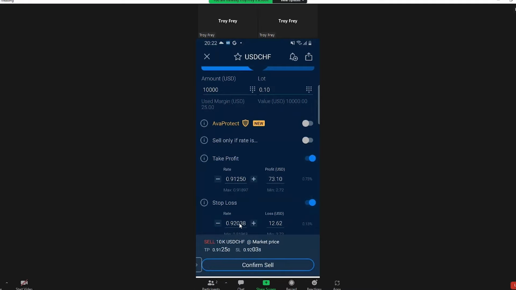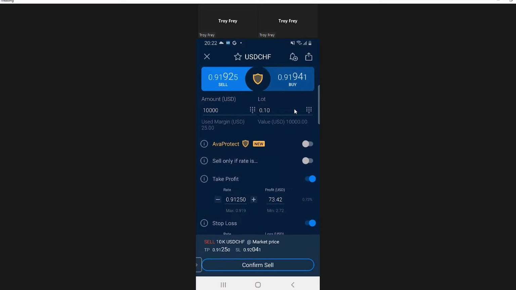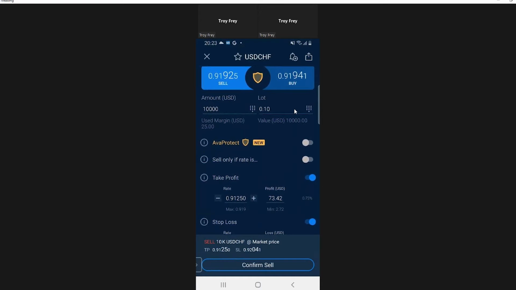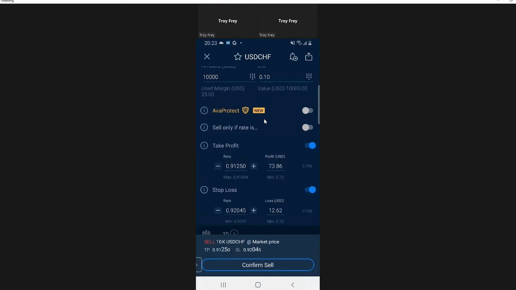If our entry price is currently 0.9191, you could just do a set amount up, 0.9215, which would be about 22 pips up, or 0.92. If we go 25 pips, we would be at about 0.9217, which would be okay as well. So it just depends how patient you want to be with your stop loss.